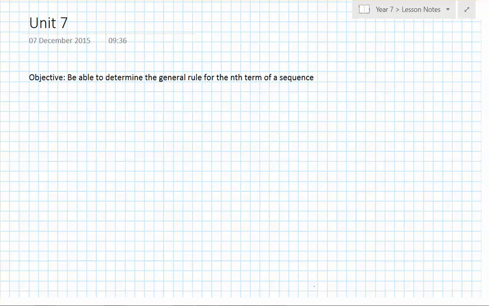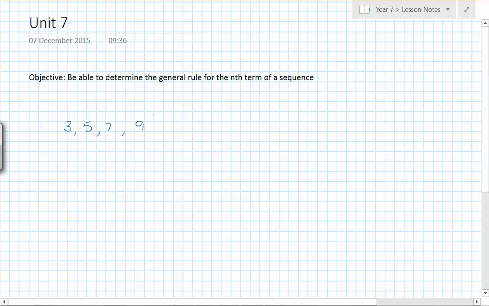Okay, but what we have at the moment been able to do is look at patterns like this, right? If I said to you, Magnus, how many terms in that sequence so far? There are 4 terms.